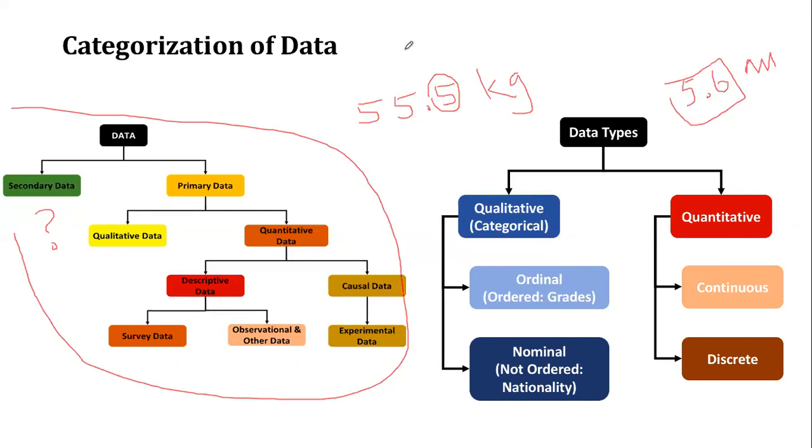Again, coming back to data, to summarize, there are two main types of data: qualitative and quantitative. Under quantitative, we have continuous numbers and discrete numbers. Under qualitative, we have ordinal and nominal, right? Mostly we deal with ordinal or categories.